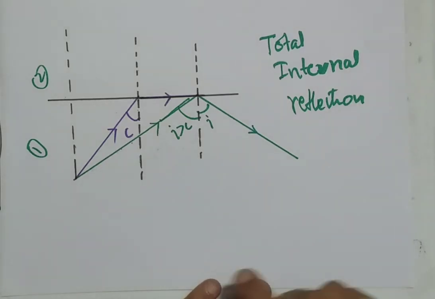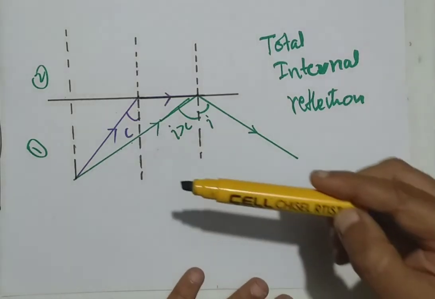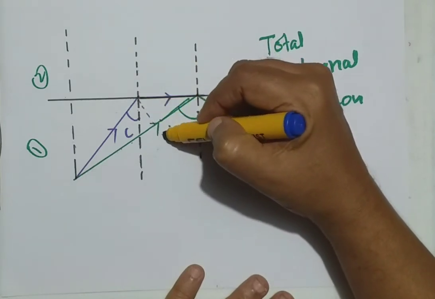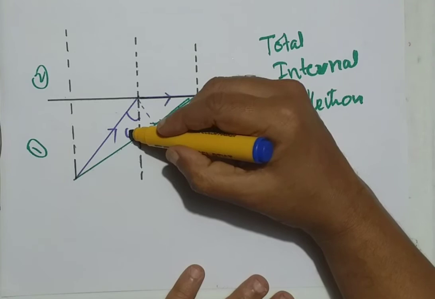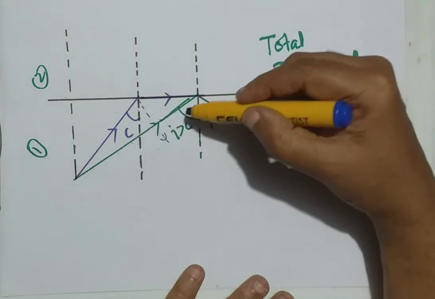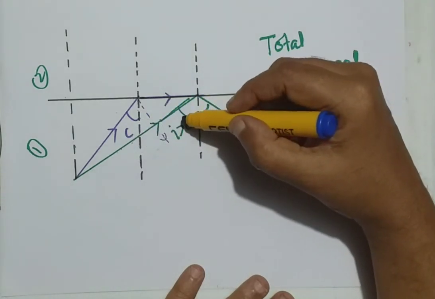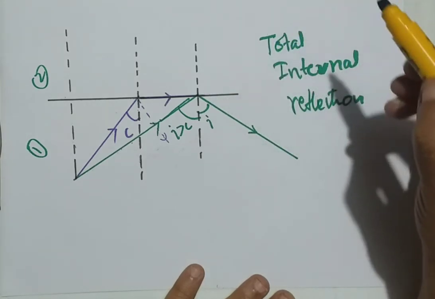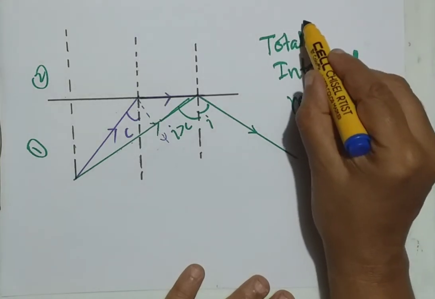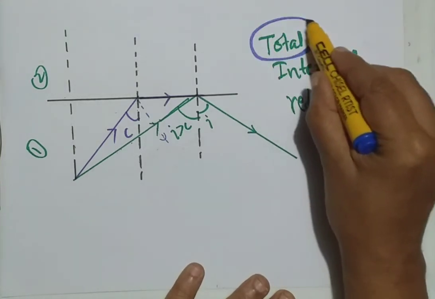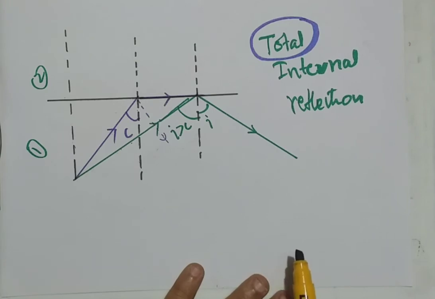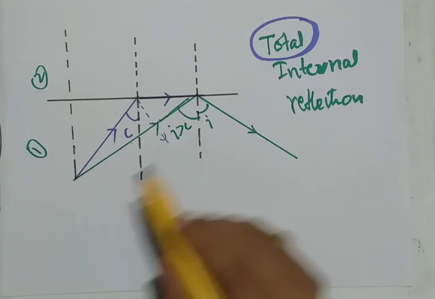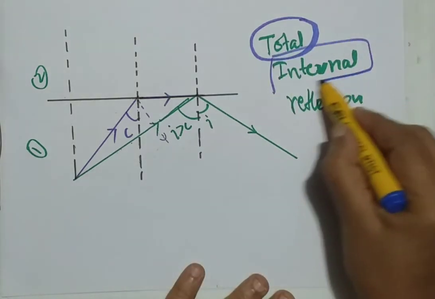But observe, to make this figure proper, I have to add a reflected part for the angle of incidence I equals C. But for I more than C, all the light gets reflected, there is no refracted light. That's why we call it total, because all the light gets reflected. Why is it internal? Because it is inside the first medium itself. That is why it is internal.